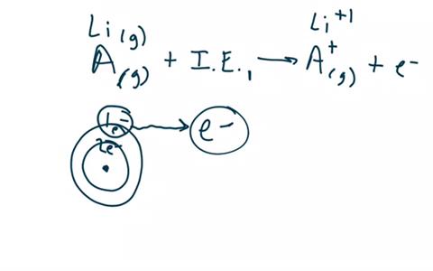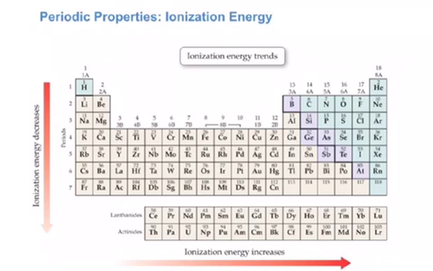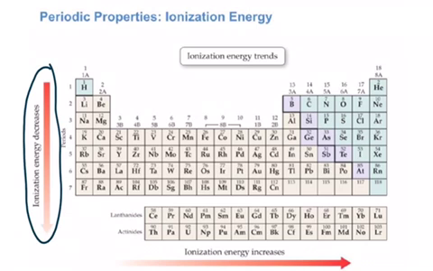Now, what I'm going to show you is an example where multiple electrons are going to be removed. And before I do that, I'm going to explain the patterns. If you look at this periodic table, just like was shown with atomic radius, you'll notice that as you go down a group, the ionization energy decreases.